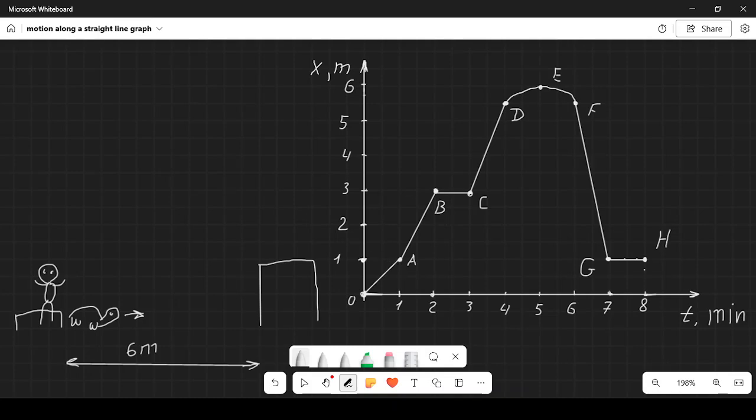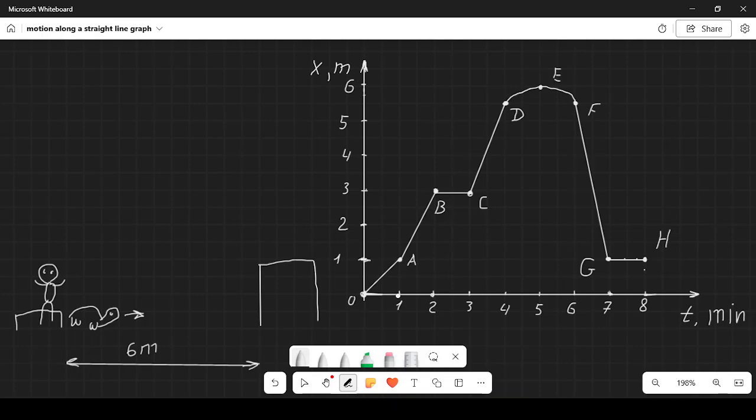So what can we say about the speed of the turtle? If for 1 minute she moved and her position changed by 1 meter, we can say that the speed is 1 meter per minute. Wait, what am I saying? 1 meter per minute.